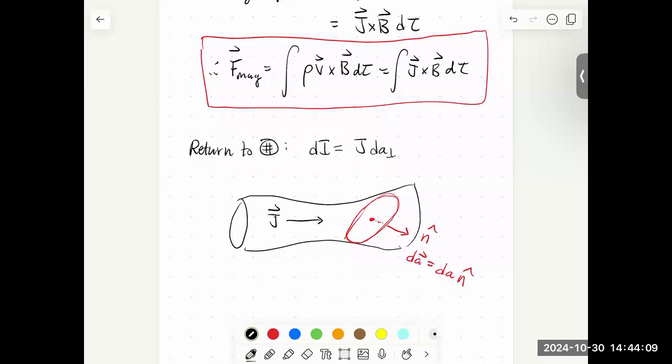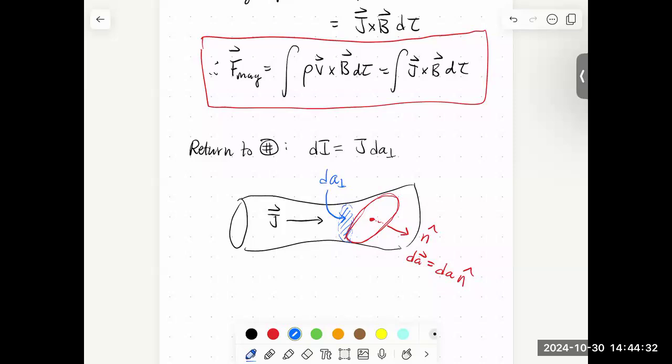What we could do is take the dot product of this J and this dA vector, and it's going to select the part of that surface that is perpendicular to J. And this will have the area dA perpendicular.